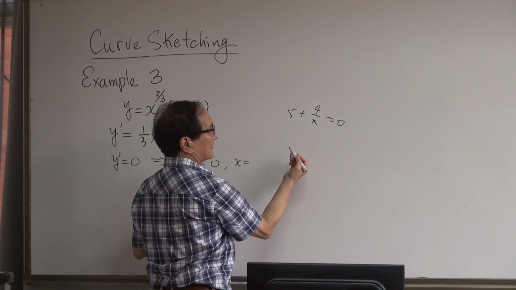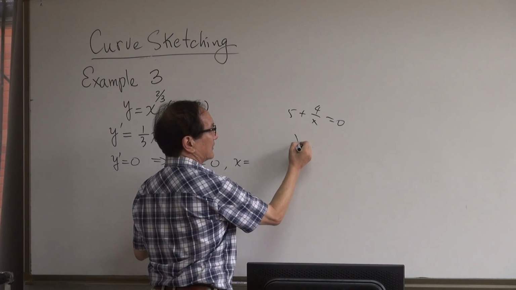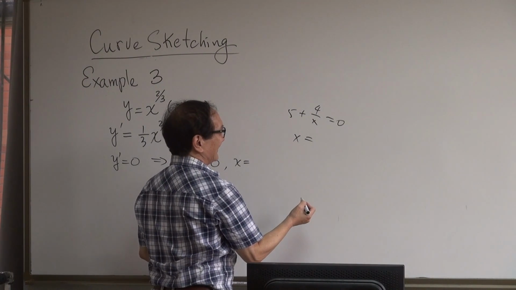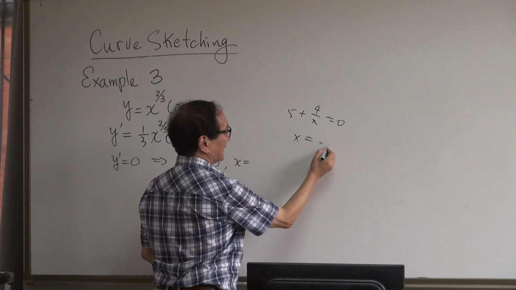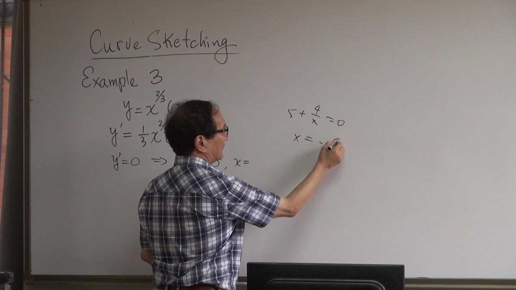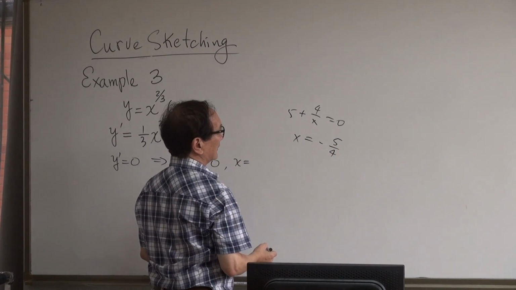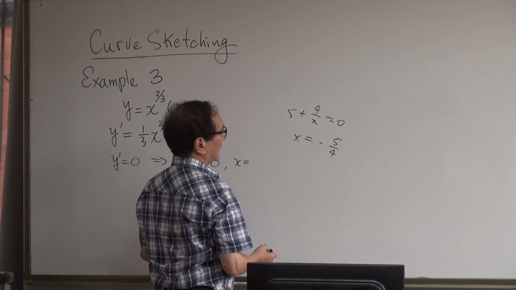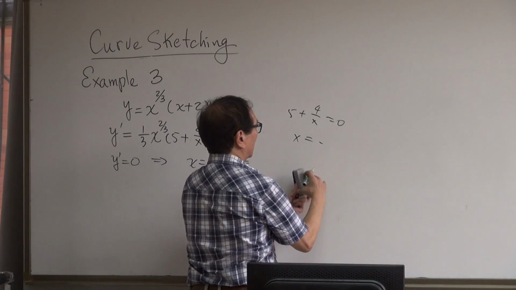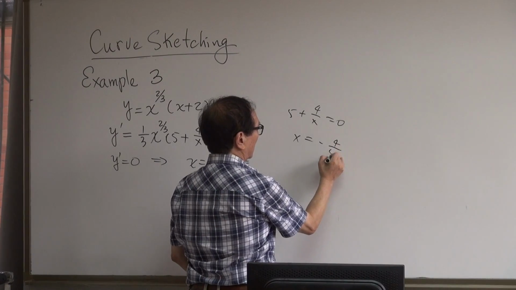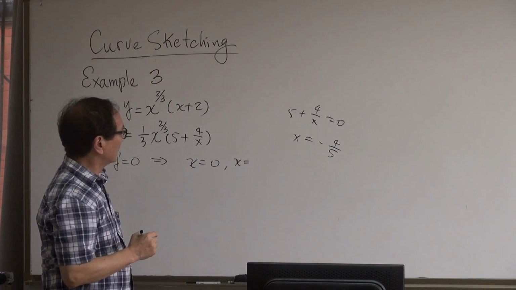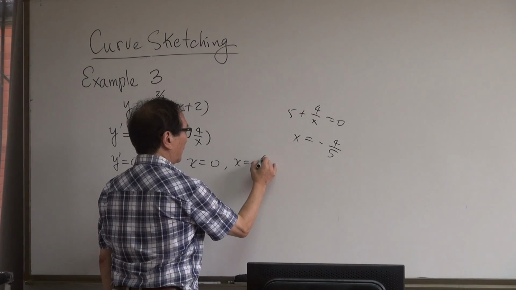So this means that x equals negative 5/4. Yeah, 5/4, that's right. Negative 5/4.